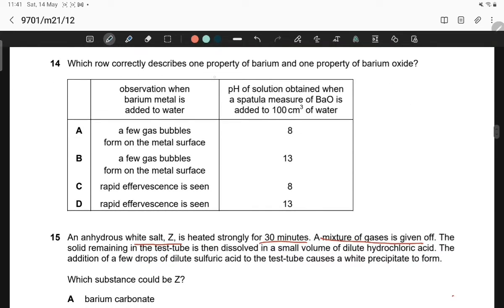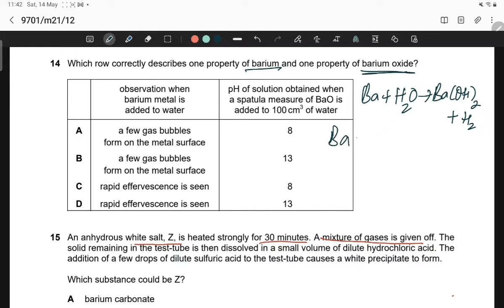Which row correctly describes one property of barium and one property of barium oxide? Observation when barium metal is added to water: barium reacts with water to form barium hydroxide, Ba(OH)2, with bubbles of hydrogen gas, while barium oxide plus water only forms barium hydroxide.